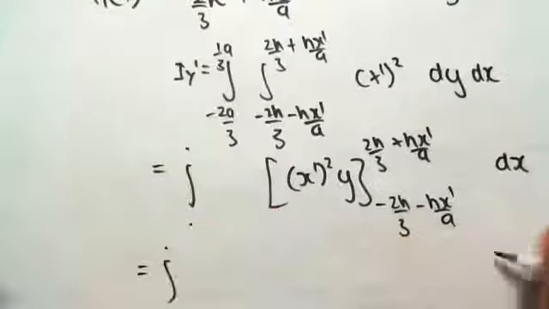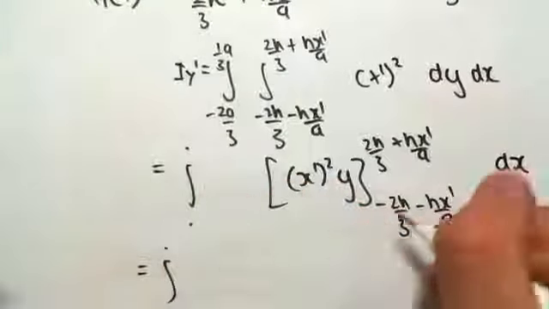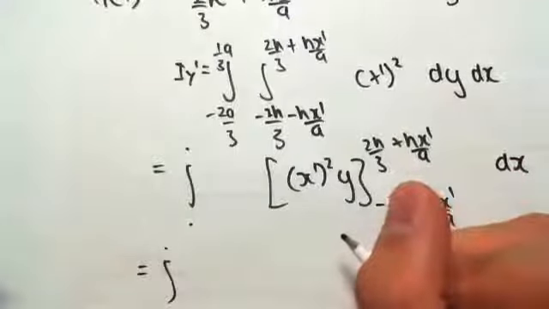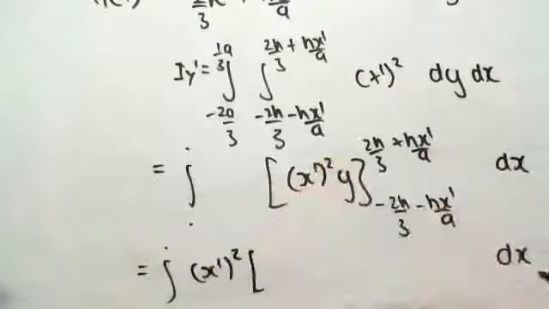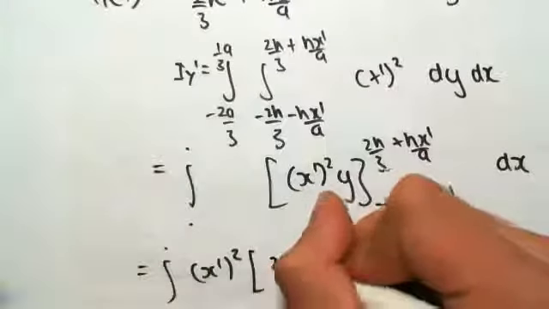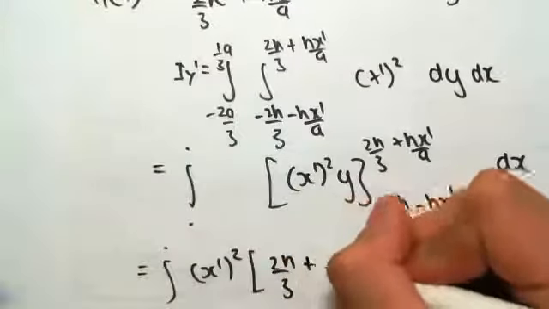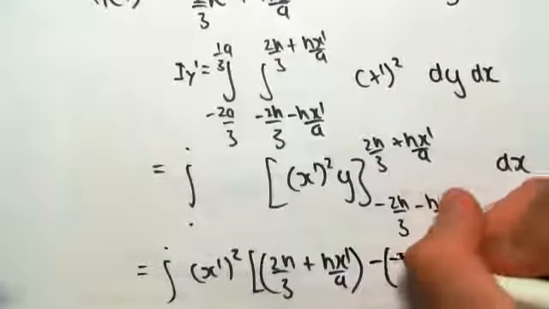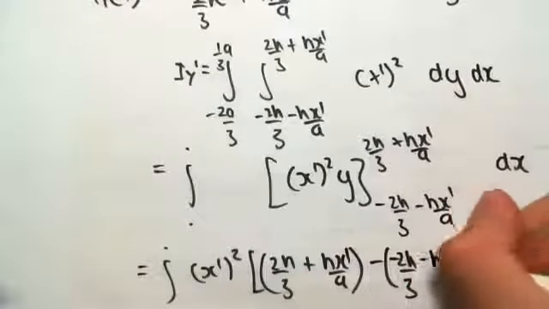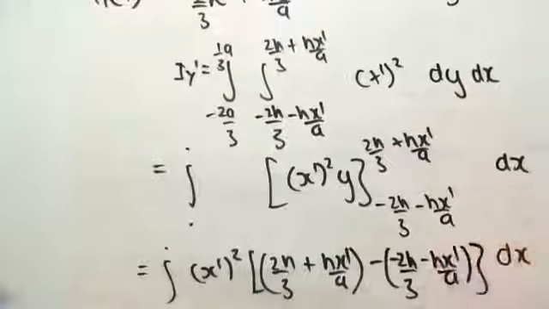So it's going to be that integral on the outside. x dash squared is essentially a constant, outside of subbing in for y, 2h on 3 plus hx dash on a minus 2h on 3 minus hx dash on a.